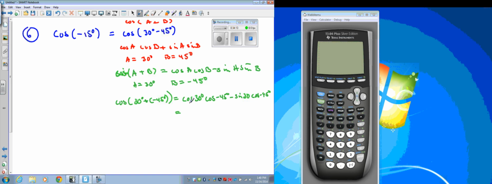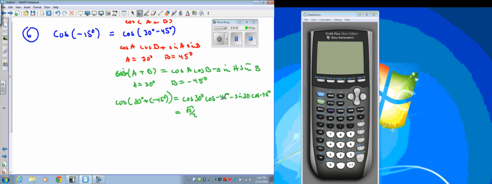Cosine of 30 degrees is what? Is it square root of 3 over 2? On the unit circle, 30 is up and the x value starts out at 1 and then drops down: 1, square root of 3 over 2, square root of 2 over 2, and 1/2. So this is going to be square root of 3 over 2.